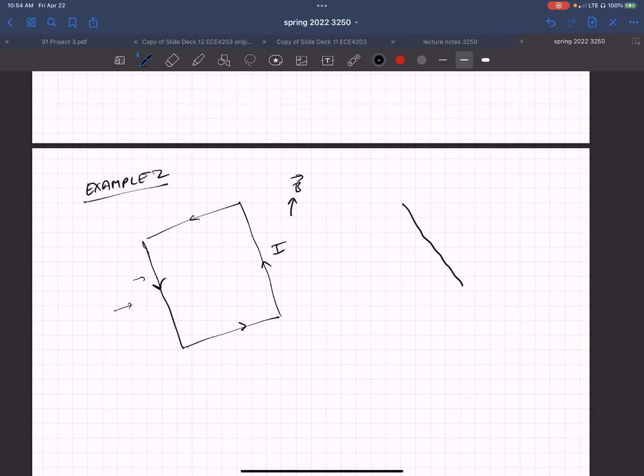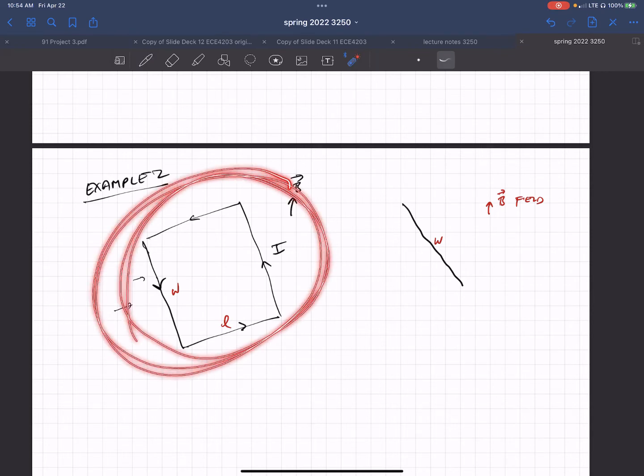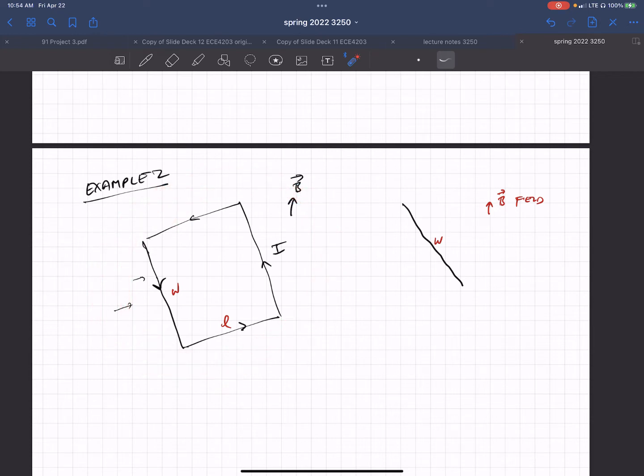Let's say this edge is W wide, and this is L. So on edge, this would be W, and then the B field would be pointed up that way, like here. I'm trying to draw this as a really bad three-dimensional drawing.